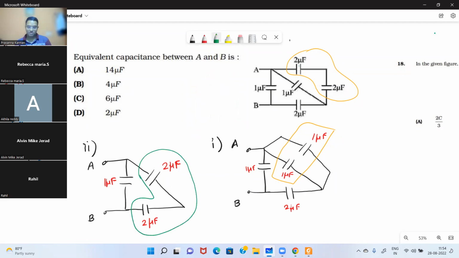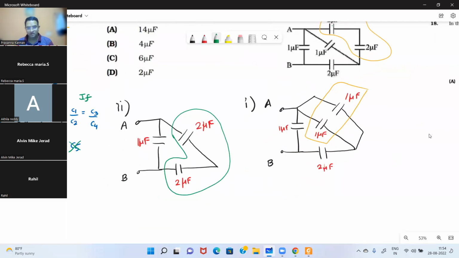What can you tell about these two capacitors? Parallel, sir. See here, it is a single path. There is no deviation, correct or not?